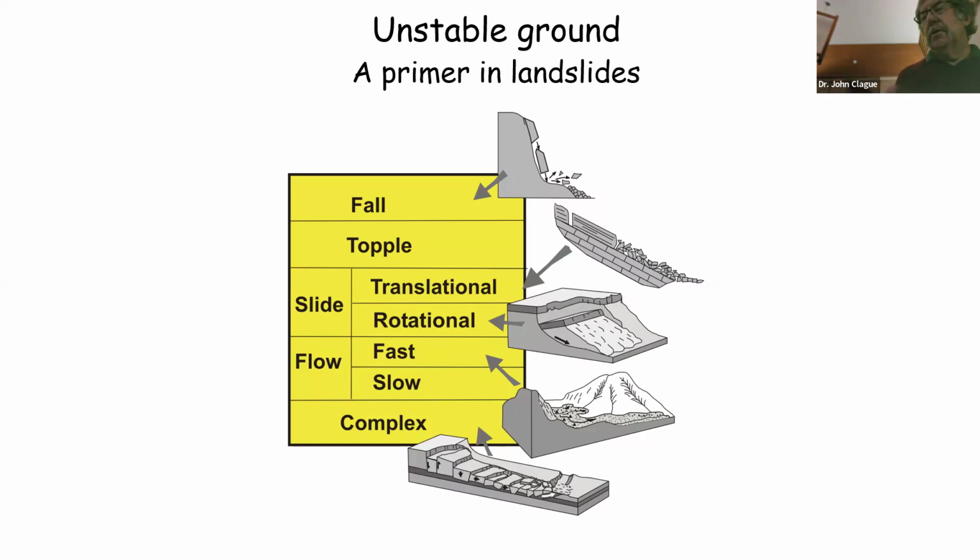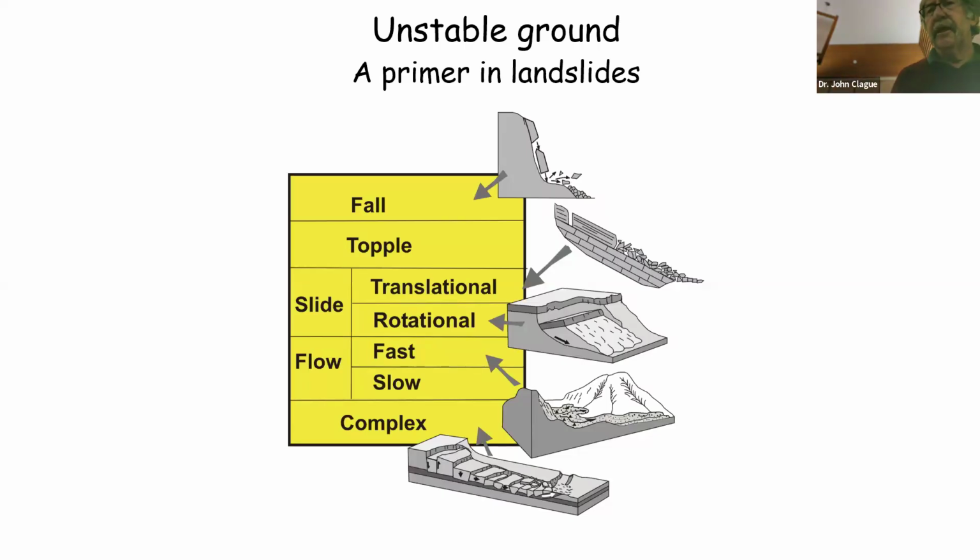And then we have flows, and that Lions Bay catastrophe, I call it a catastrophe because 2 people died, is an example of a flow where you have a small failure that is composed of loose soil, water saturated debris, commonly lots of woody debris, and it doesn't just slide down the slope, it transforms into a viscous flow that can travel at very high velocities, often for long distances.